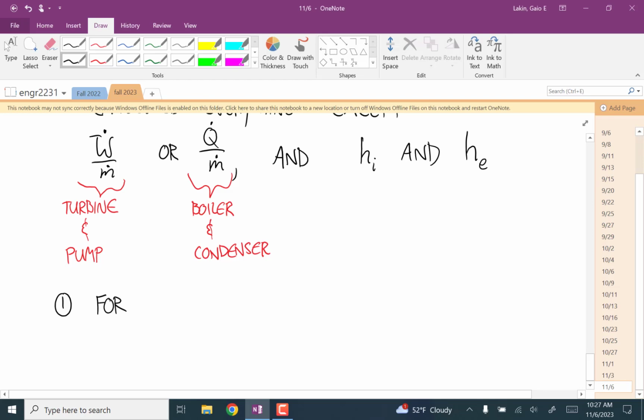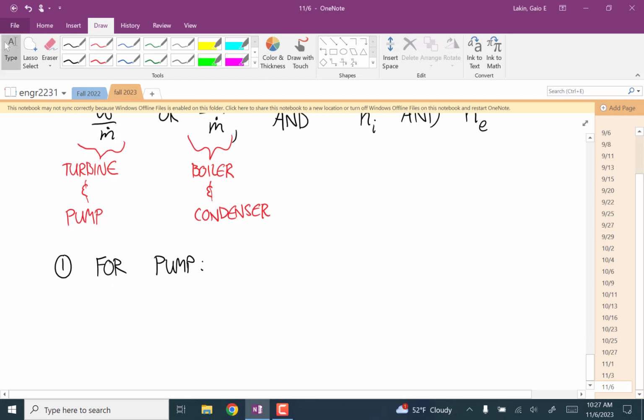For the pump, W dot P over M dot is equal to negative W dot over M dot for the control volume in the equation, just because of the sign of what we mean by W dot for the pump compared to the first law sign convention.